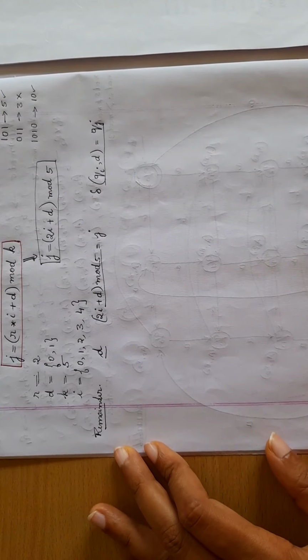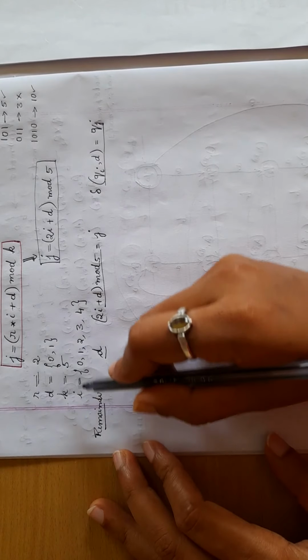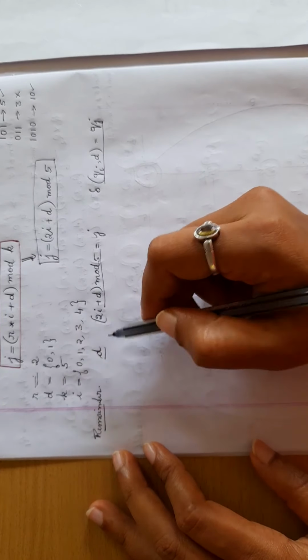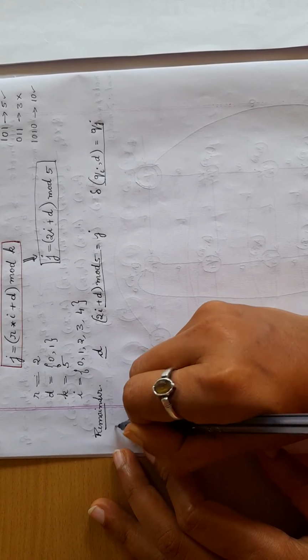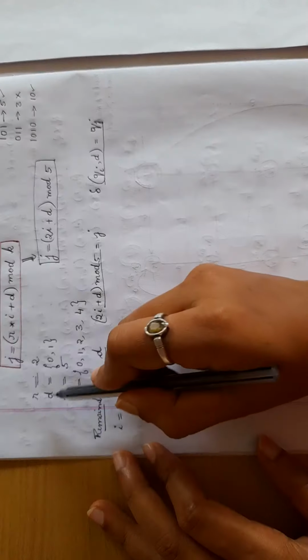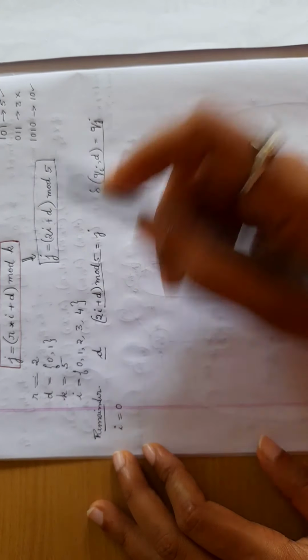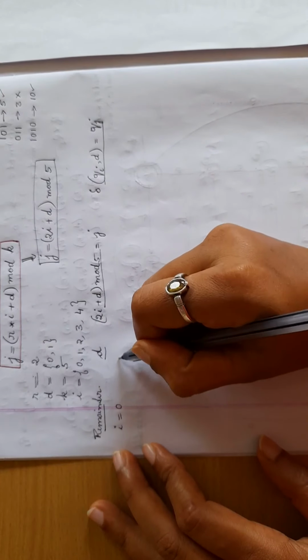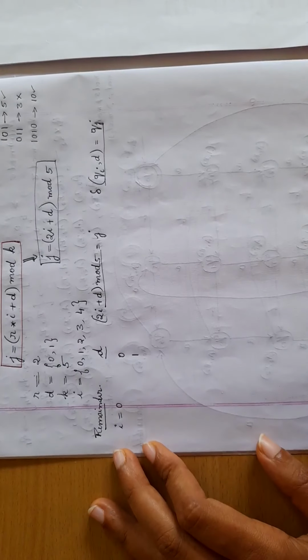The remainder has 5 different possibilities: 0, 1, 2, 3 and 4. When I is equal to 0, D has 2 possibilities, 0 and 1.